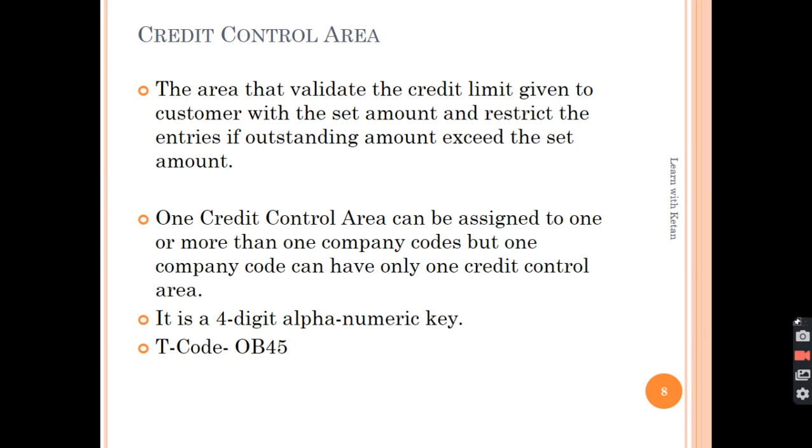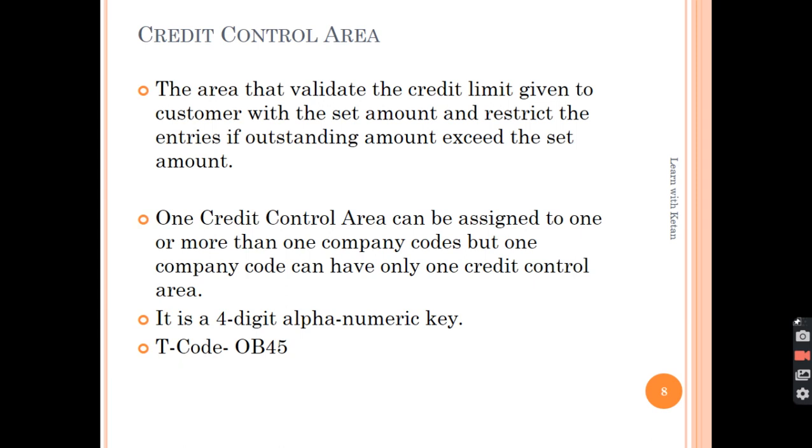Second point is one credit control area can be assigned to one or more than one company code, but one company code can have only one credit control area. So this point explains that if you create one credit control area, you can assign that single credit control area to multiple companies, and one company code can only have one credit control area.